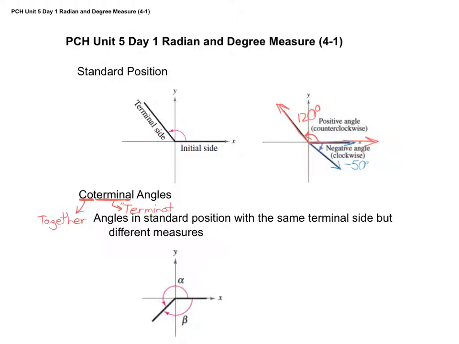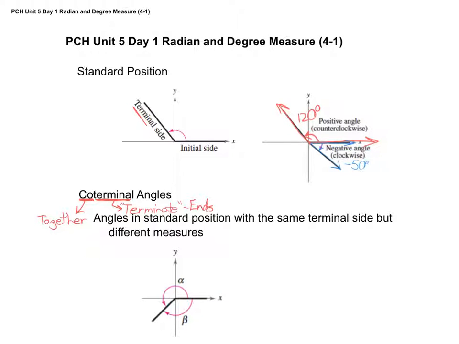It means to end. Okay, if something terminates, it ends. In computer science, you might have a function that you've called and you want it to terminate at a certain point. It ends. Notice here, we called this side here the terminal side. It's the side where the angle ends.